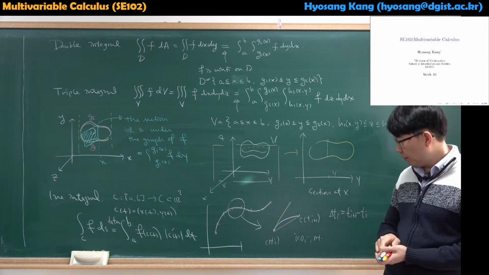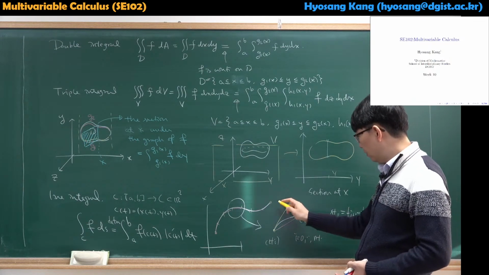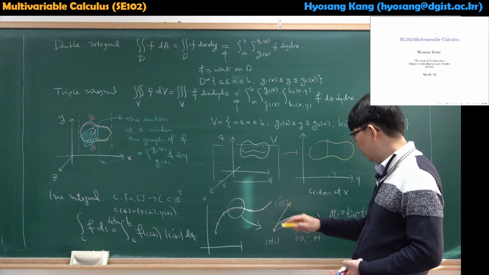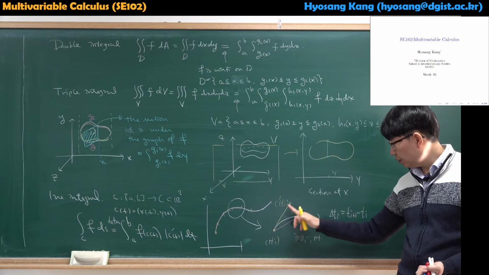So if I'm moving in the direction of C prime ti, it takes delta ti time to get from here to here.